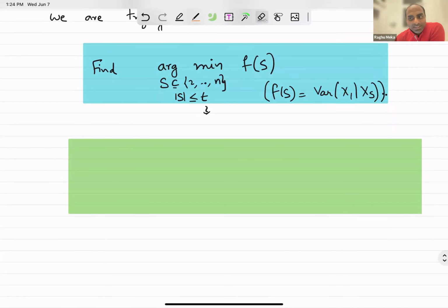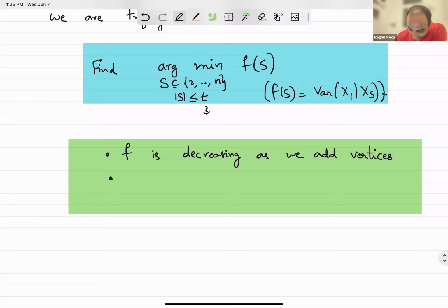The most important thing, as already pointed out in the chat, is that F is decreasing as we add vertices. It is non-negative, but that's not as useful as just saying that it is decreasing as we add vertices.